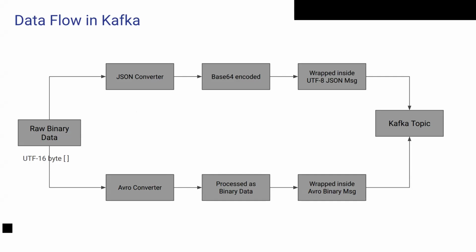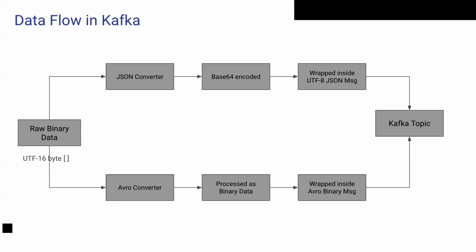So you see a difference here. The UTF-16 raw byte data gets wrapped inside a UTF JSON message. By default, Kafka uses UTF-8 encoding. That is the reason that in the Kafka topic you have UTF-8 data.